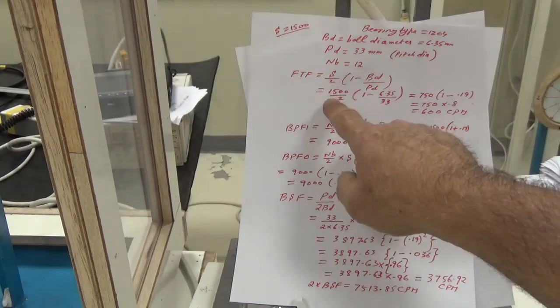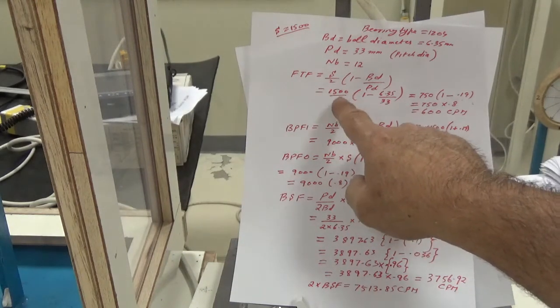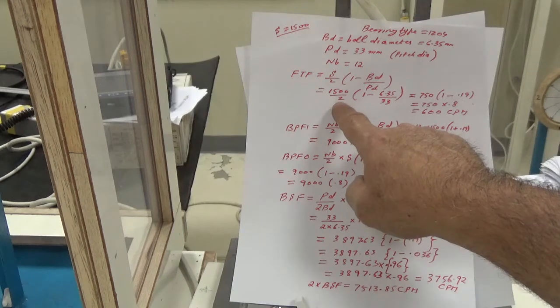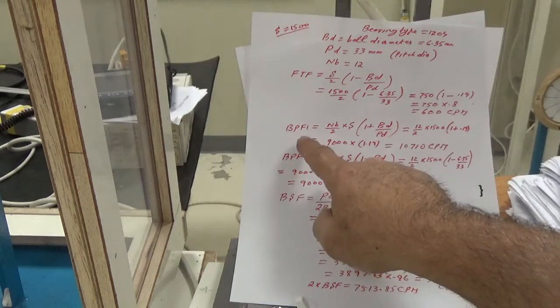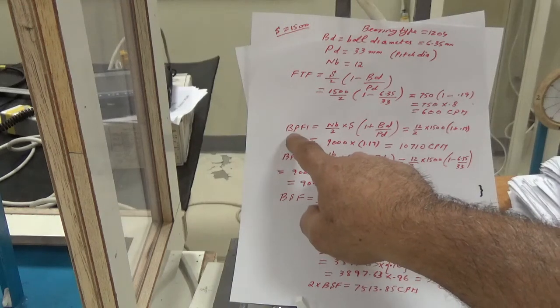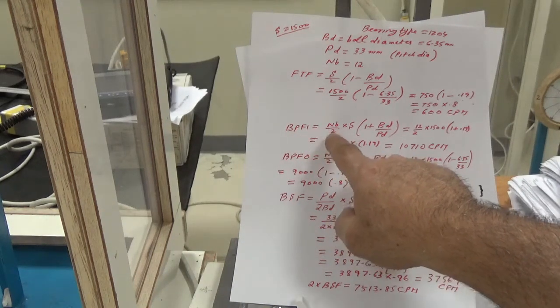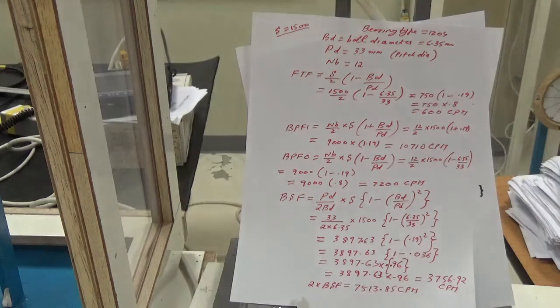You can see here the S was 1500 revolutions per minute. It was divided by 2, so it became 750. In a similar way, here is ball pass frequency inner race. NB is the number of balls, multiplied by S. How many balls are there? 12.